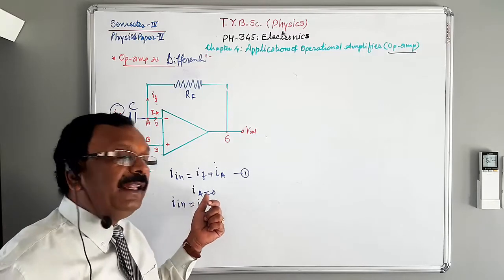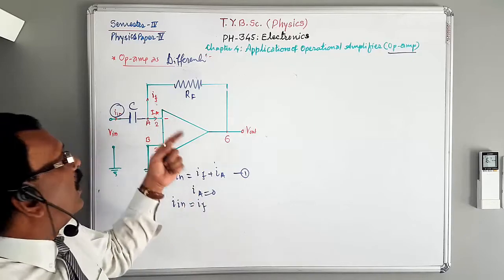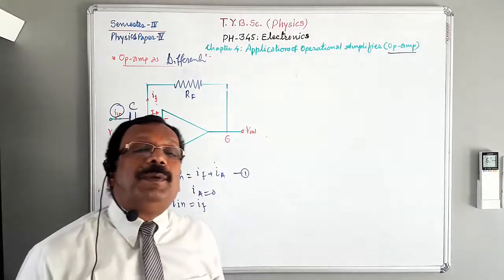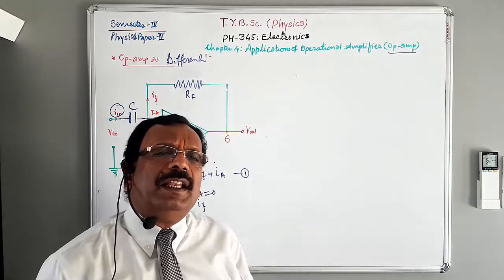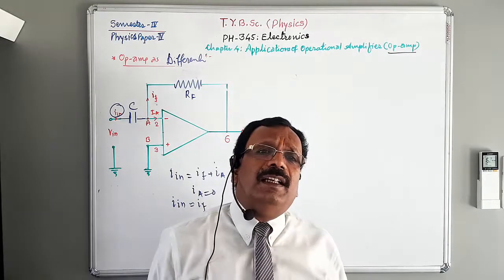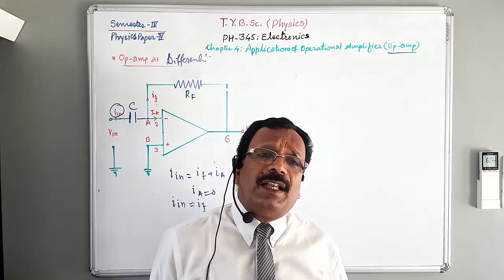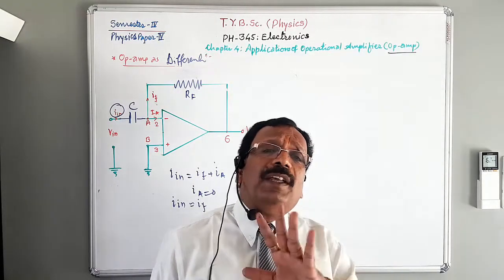Remember that. Ideally, no current flows through this inverting terminal, but practically a very, very small current, in terms of 70 nanoampere, is there.